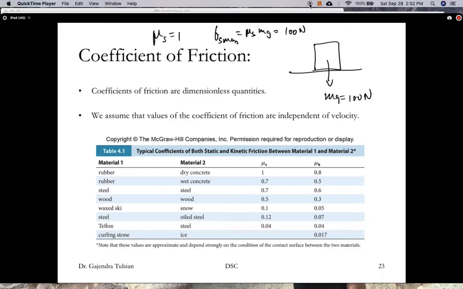So the force you would need to get the object started will be equal to the maximum friction force, which would be 100 newtons. Okay?